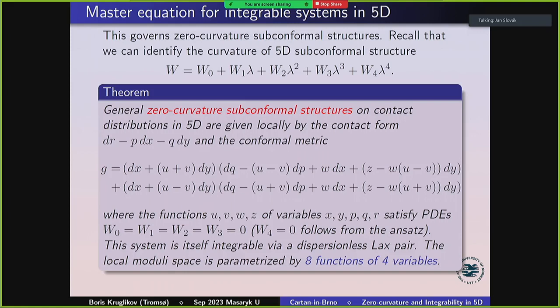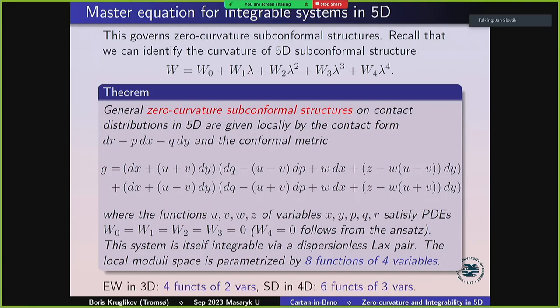Those functions satisfy PDEs of second order, and this choice automatically makes W4 equal to 0. So we have 4 unknown functions, 4 constraints of second order, easy computations. Of course, from Kovalevskaya's theorem, the general solution depends on 8 functions of 4 variables. And there are no big gauge groups. There's still a small gauge group remaining here, but it doesn't change this count.